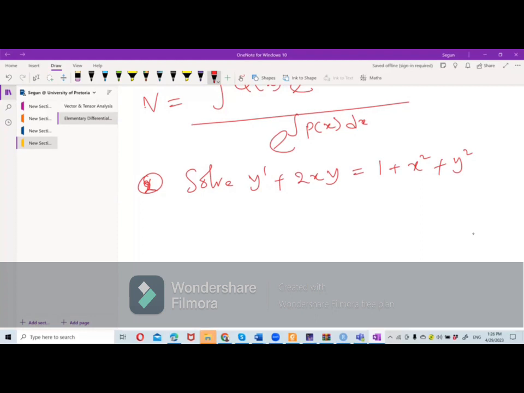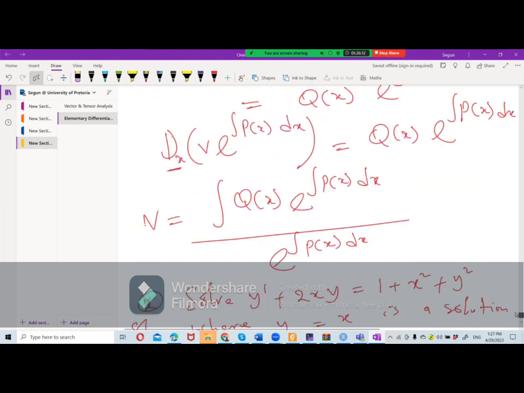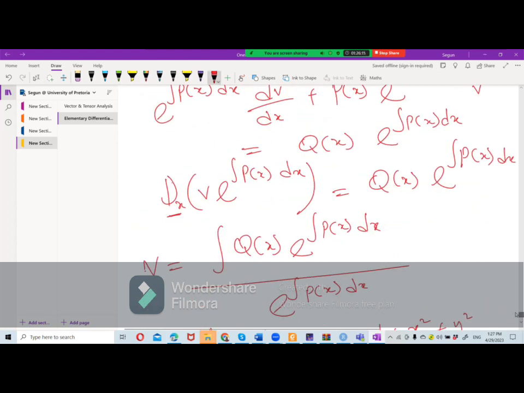Remember, for us to solve this problem, y1 equals x is a solution. But the way we stopped before the example, you can cancel out the denominator and the numerator now. Which of them? The last one, v equals the integral of q of x. Remember, the integration sign is there, which means you must integrate both sides.